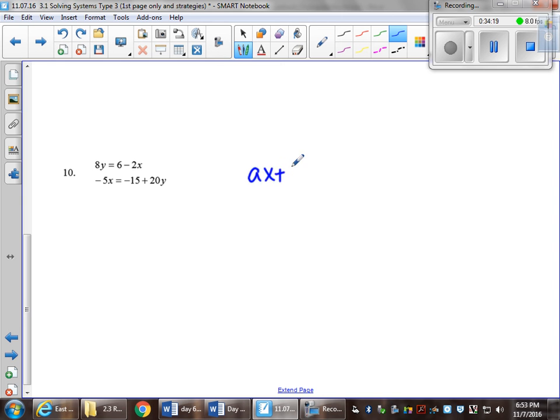And what I mean by that is I don't see this clearly. Not even close. So because I don't see this, this will be a substitution question, and I'm going to help you get this one started.